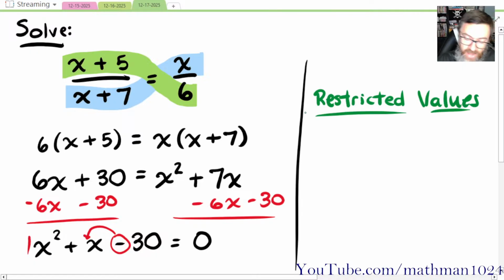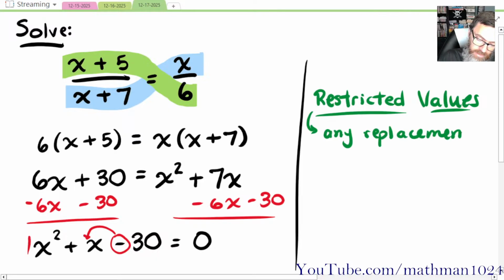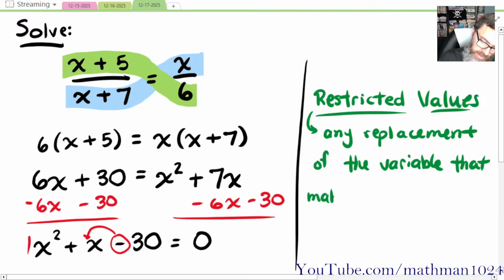A restricted value is any replacement of the variable that makes the denominator equal 0.